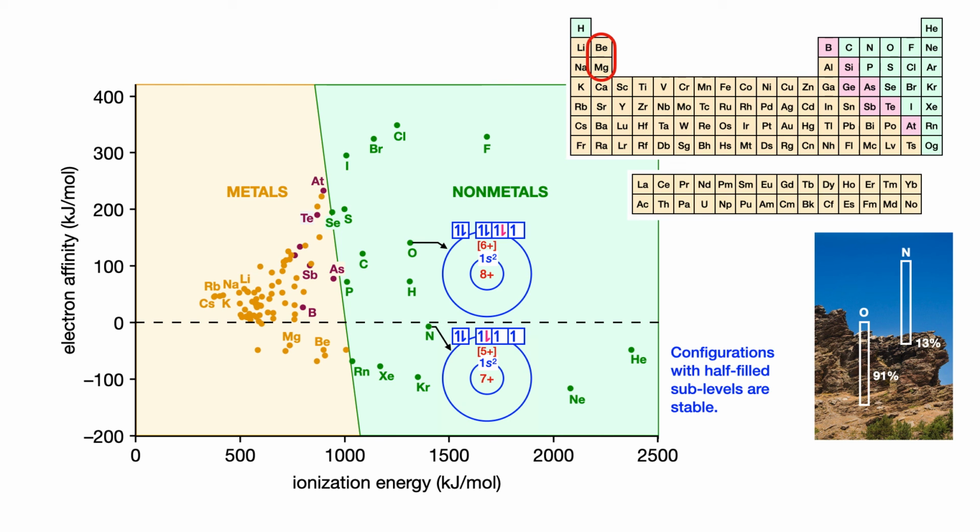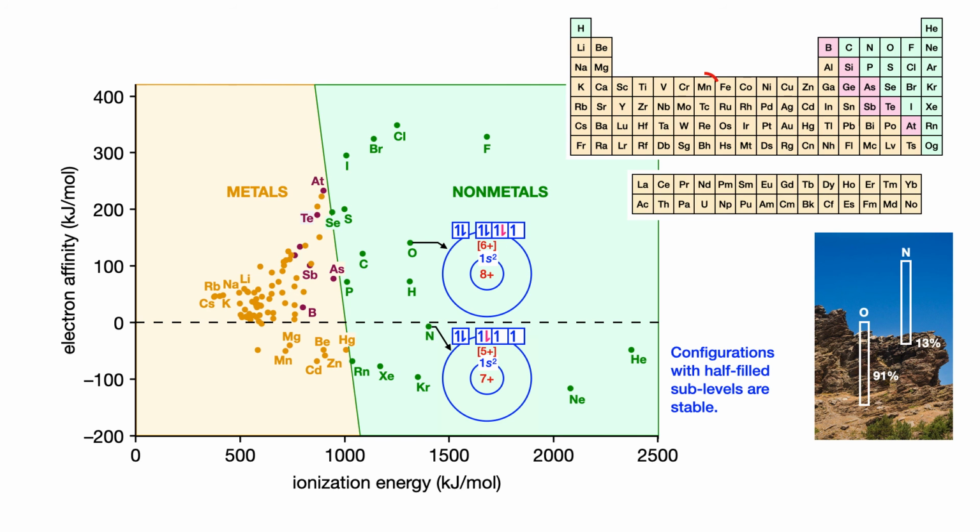They have filled s sublevels in their valence shell, which means they are reluctant to take on new electrons. That's why they have negative electron affinities. Over here, mercury, cadmium, and zinc have a filled d sublevel, so they also are fairly reluctant to take on new electrons.